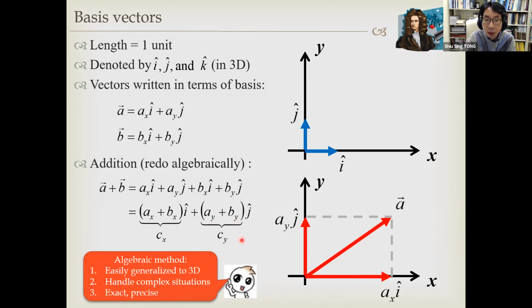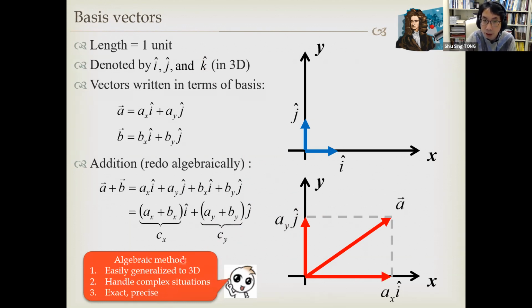Okay. Now the algebraic method can be easily generalized to 3 dimensions. That means if you have the z component, then there will be a very straightforward generalization with a z component along the k vector. And the algebraic method also allows you to handle a very complicated situation, and that is very exact and precise. It's different from a drawing on graph paper. It does not rely on that.